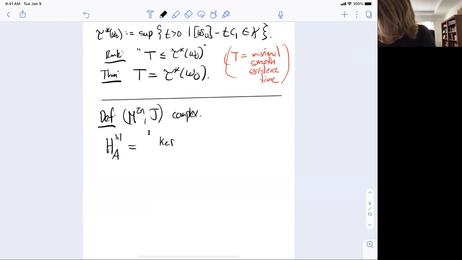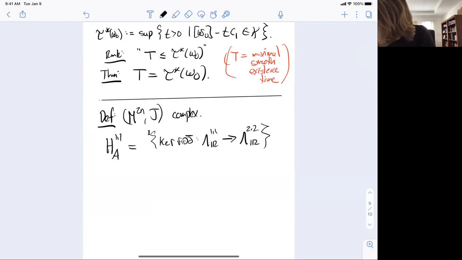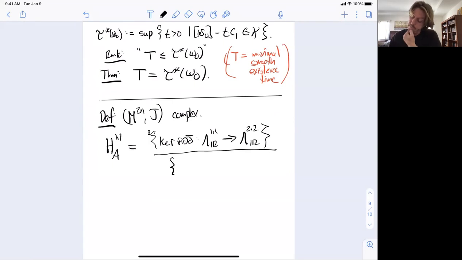This is the kernel of i ∂∂-bar as a map from real (1,1) tensors to real (2,2) tensors, modulo a certain image, and that image is the natural embedding of a (1,0) form.